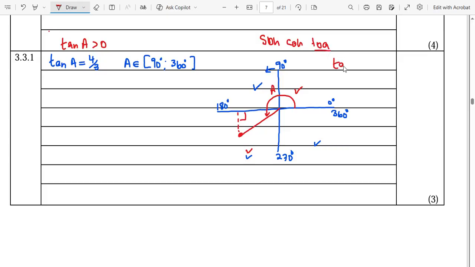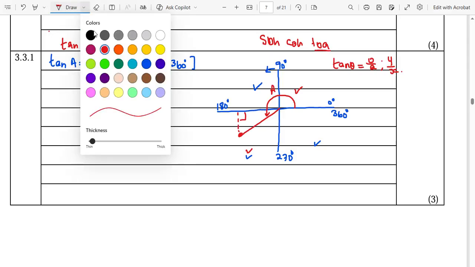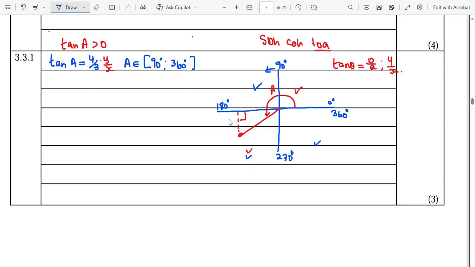So the tan of A is equal to opposite over adjacent, which is y over x. We have y, we have x, we need to find r. That's how easy the question is. You need to find r, and when you find r, look at this. My x is 4.